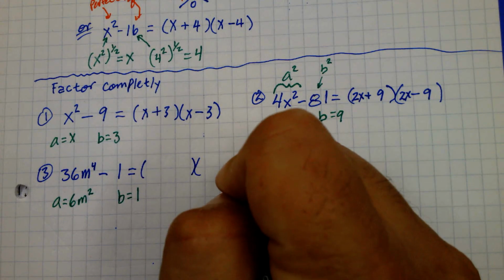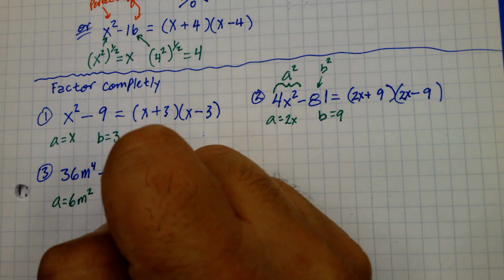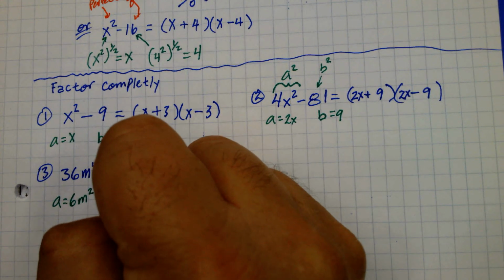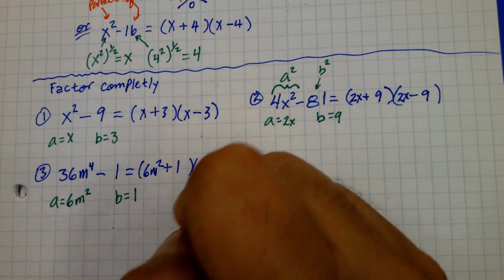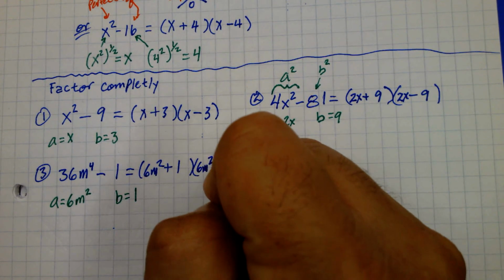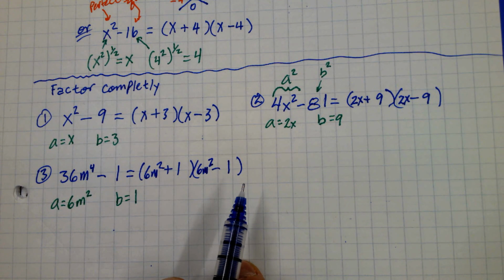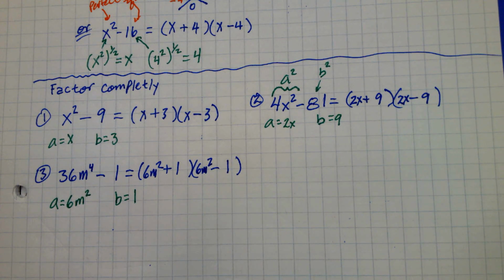So tell me, what's going to be our answer here? 6m squared plus 1, 6m squared minus 1. You multiply these together again, you would get 36m to the 4th minus 1. Any questions? That one's a little tough, but if you caught it, even those are pretty easy.